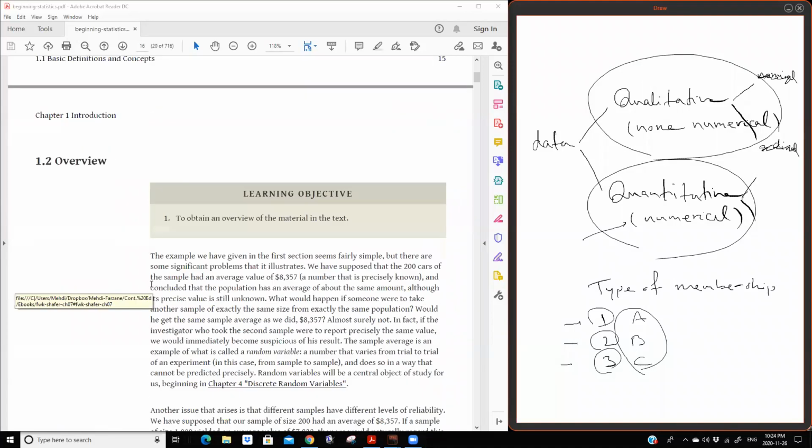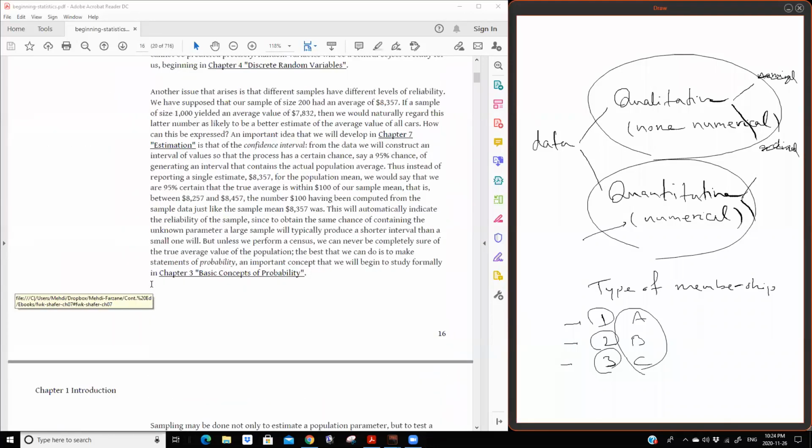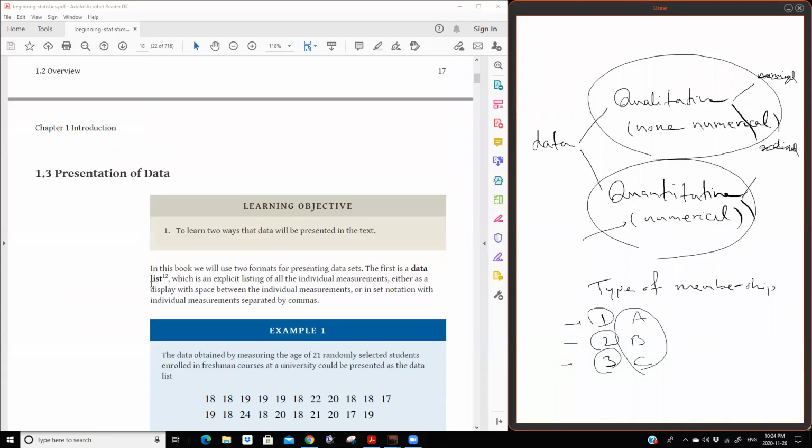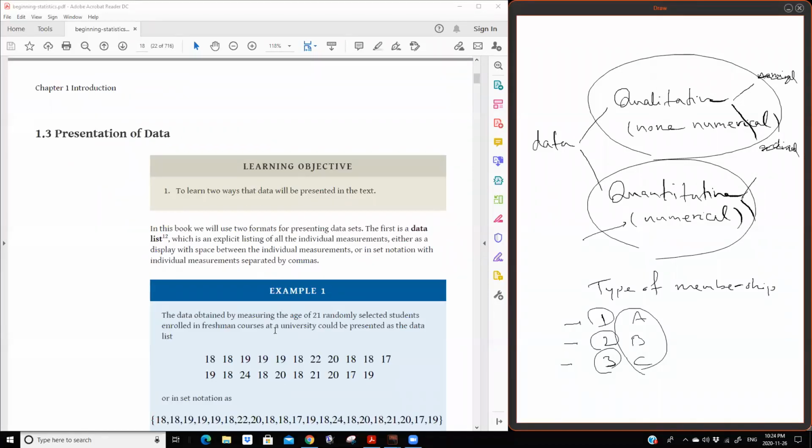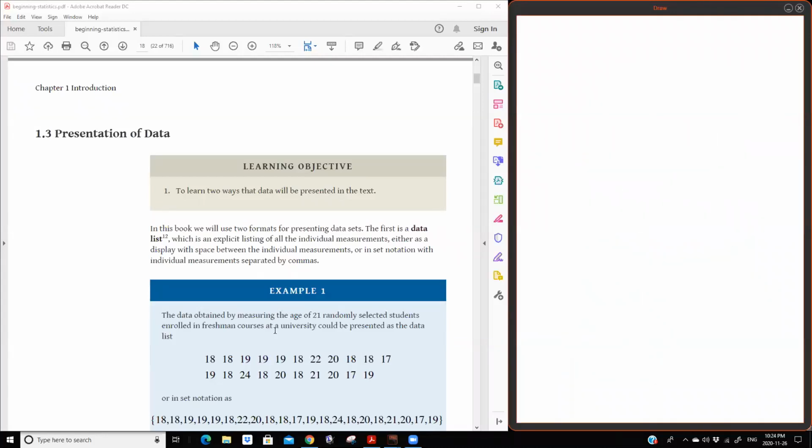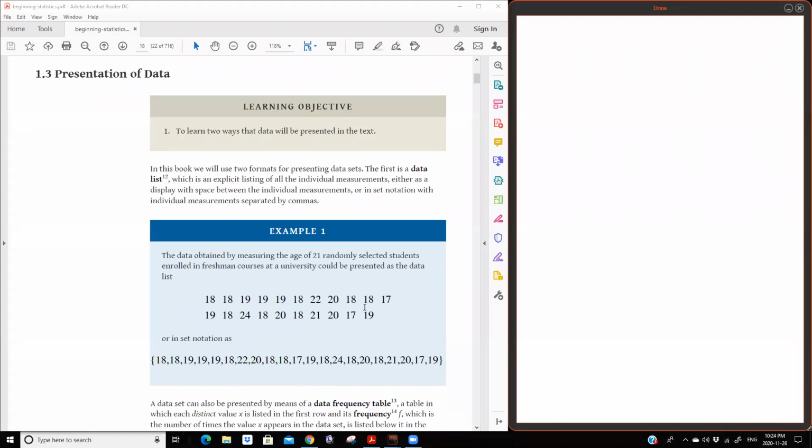So that is 1.2, overview of the book. Here we're going to learn about how data is organized in this book. Sometimes samples are given in this form, just as a list of numbers. For example, this is the data obtained by measuring the age of 21 randomly selected students.